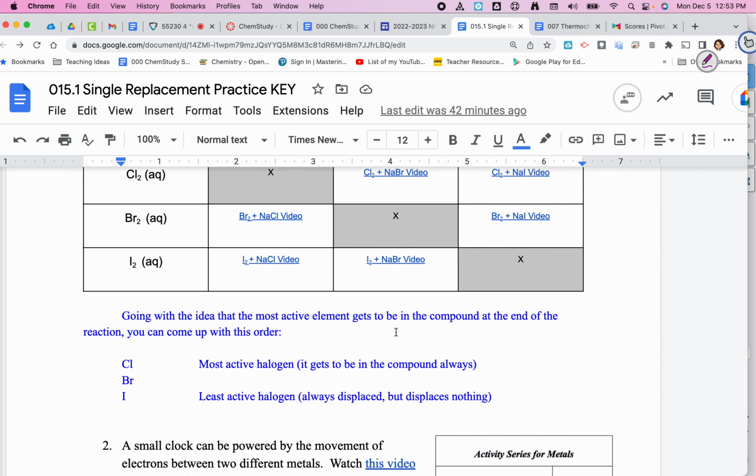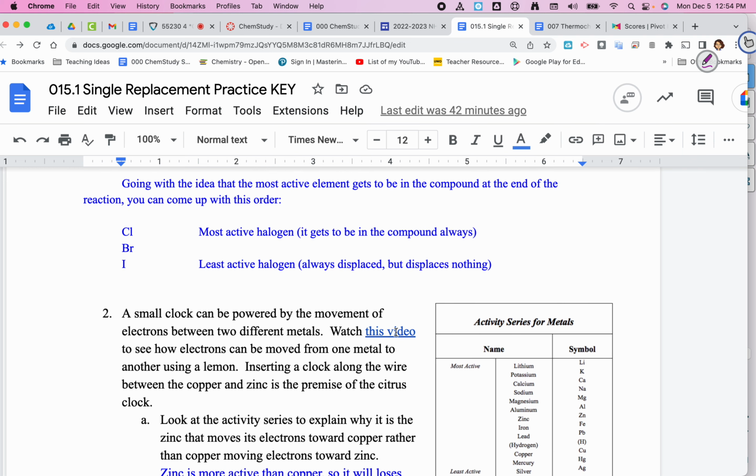And you probably noticed that chlorine always gets to be in the compound. Iodine is always displaced, but displaces nothing, leading you to stack them, chlorine, bromine, iodine. And then the thing that we can kind of infer is that if that's in stack order on the periodic table, that the fluorine must go at the top of the stack, because that would be the logical pattern for this to follow.